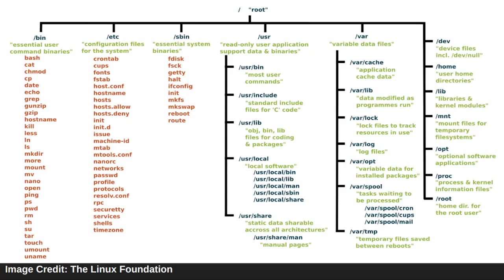Bin, then we have etc, which is pronounced as etc, then sbin, usr, var, dev, home, lib, mnt, opt, proc, root. Now we will discuss these directories in detail in the ahead slides. Now let's move to the next slide.